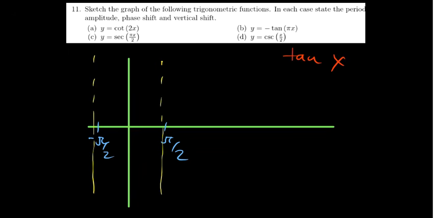Why am I saying so? Because you know that that point there is 0, tan of 0. Now you know that tan is the same as sine divided by cosine. So it's the same as sine 0 over cosine of 0. Sine of 0 is equal to 0. Cosine of 0 is equal to 1. So 0 divided by 1 is 0. So that is a possible 0 point.